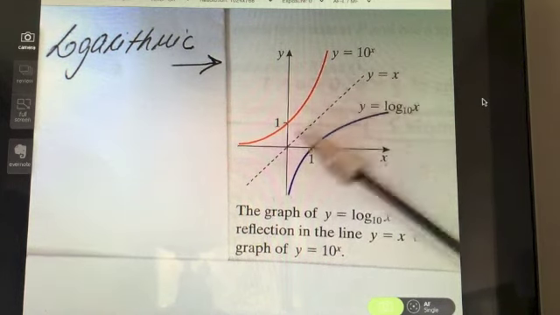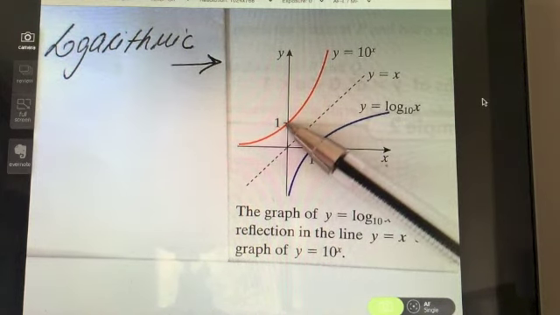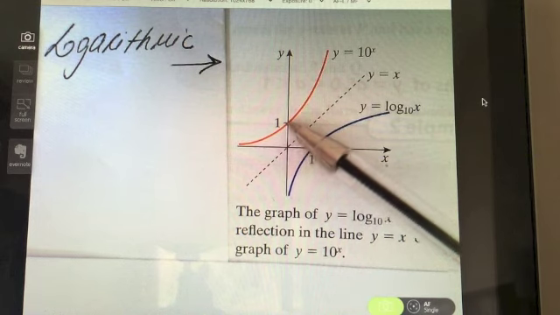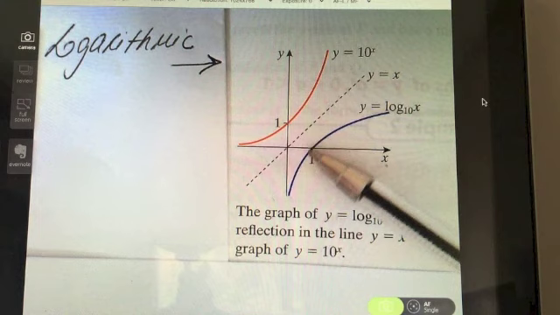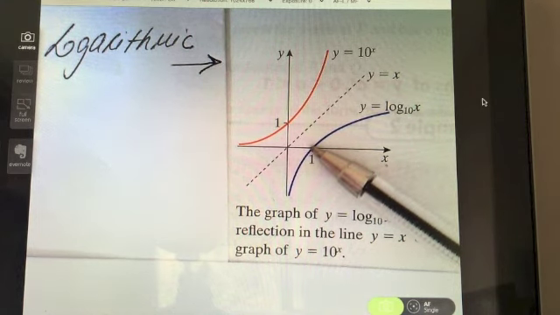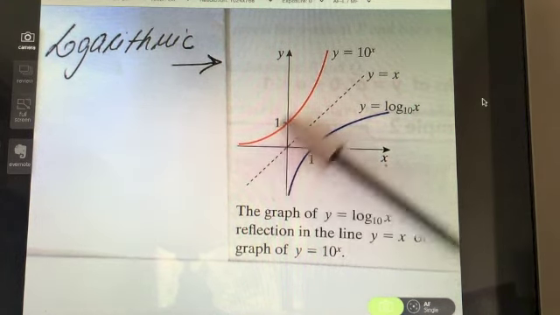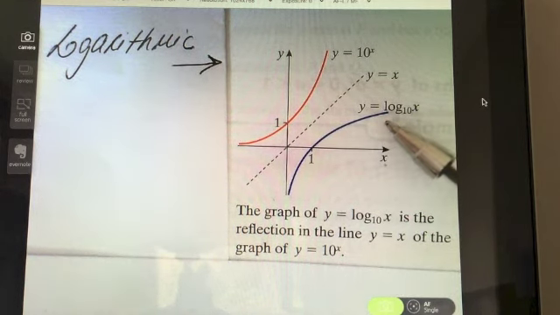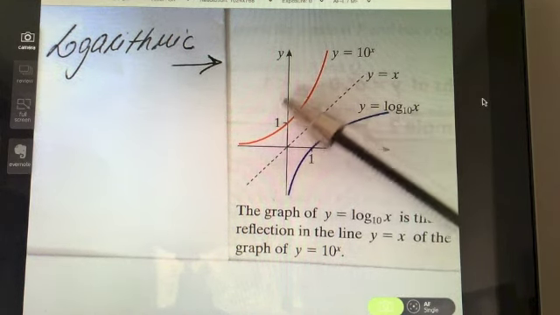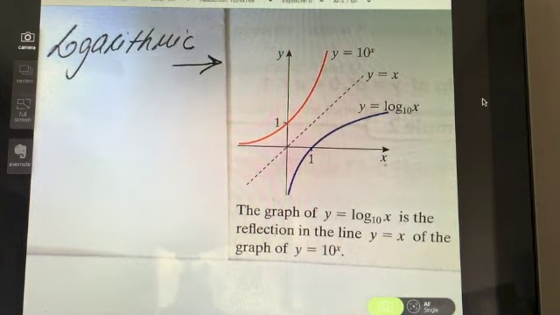So where the exponential function cut at 0, 1, all logarithm functions will cut at 1, 0. Okay, and where with the exponential function the x-axis was an asymptote, in the logarithmic functions the y-axis is an asymptote.